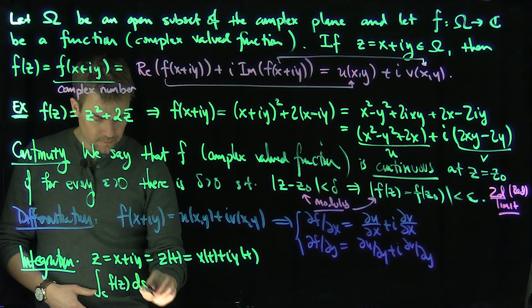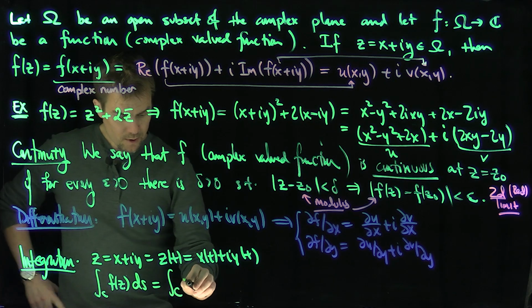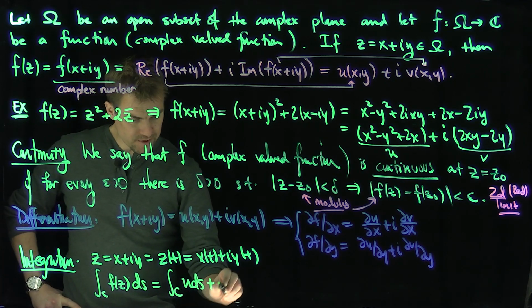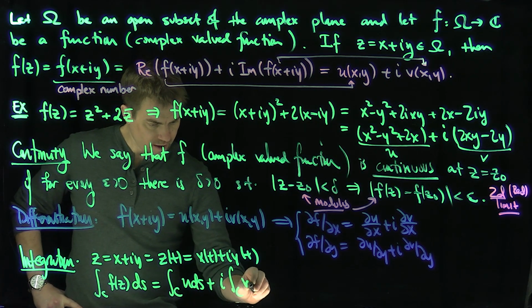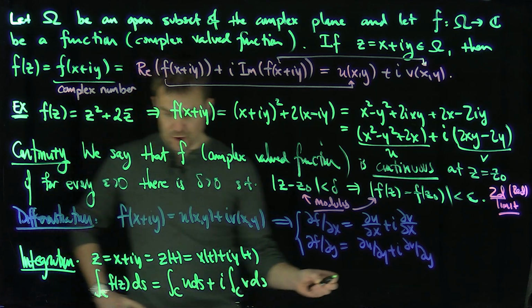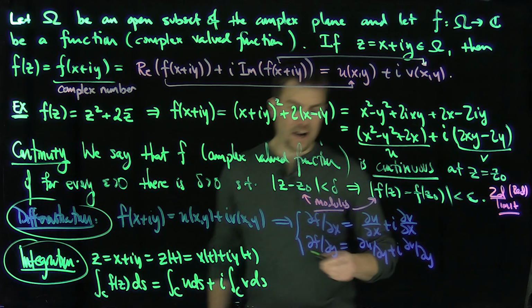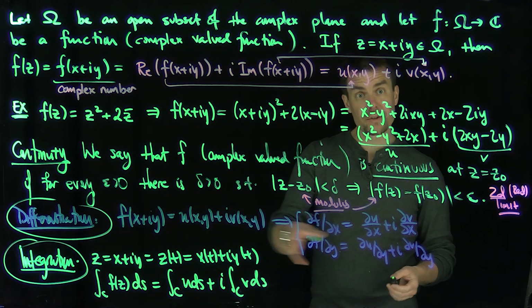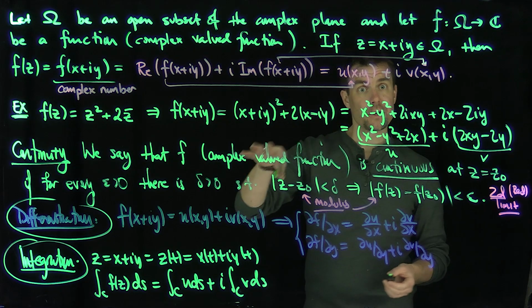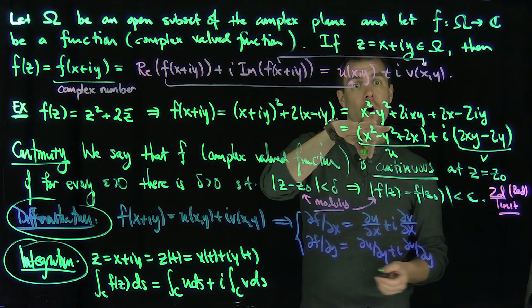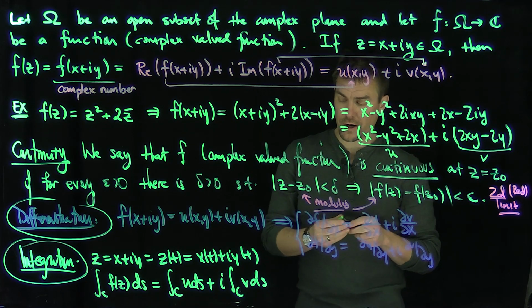That would just be the integral over c of u ds plus i times the integral over c of v ds. In other words, to do differentiation and integration of these complex valued functions, you're just going to appeal to the linearity of differentiation and integration over this complex structure.